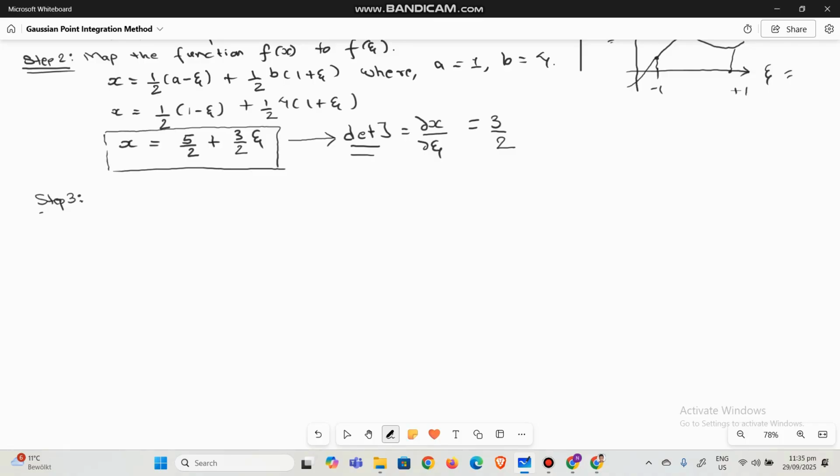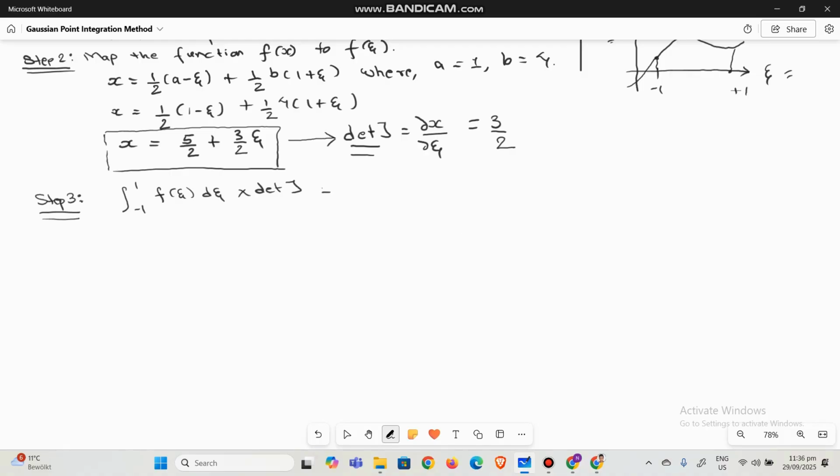Now in step number 3, I would just like to recall that the integral from -1 to +1 of f(psi) d(psi) times the determinant of the Jacobian is going to give us our required result.